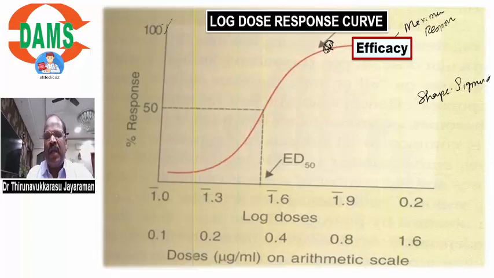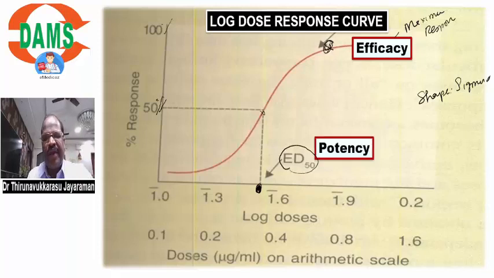The dose at which a drug produces 50% max response is called ED50. This ED50 indicates potency of the drug. So if a drug produces more action even on less dose, that is more potent.